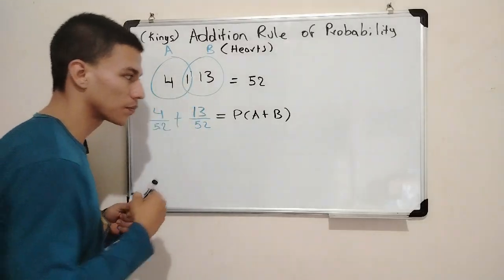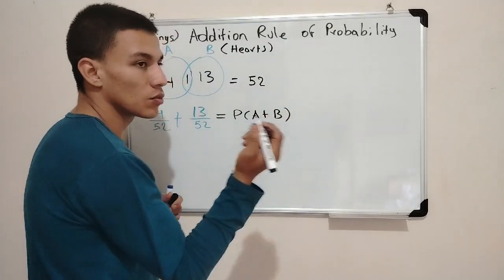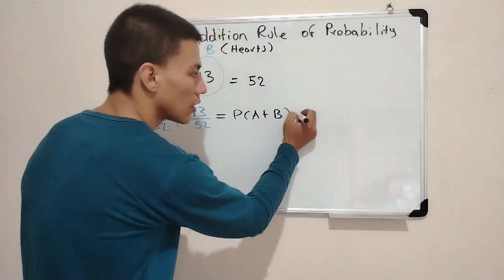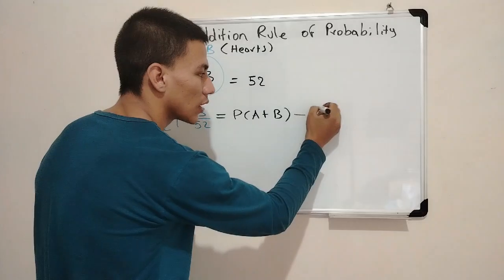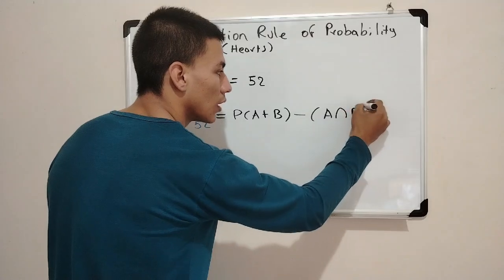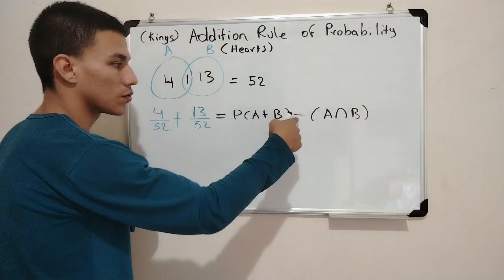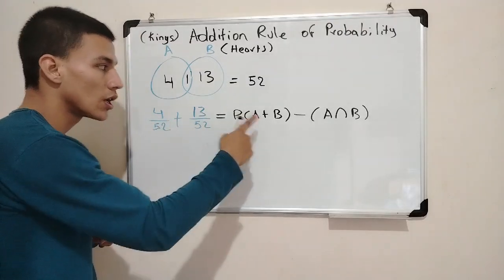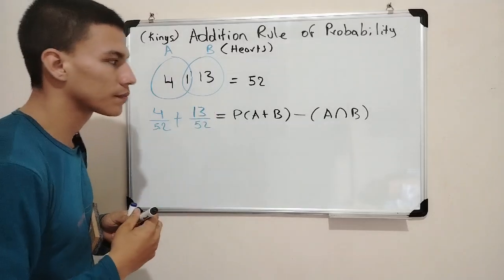So in that case, when you count one card twice, you have to subtract the union of A and B from this sum, so that the card won't get repeated.